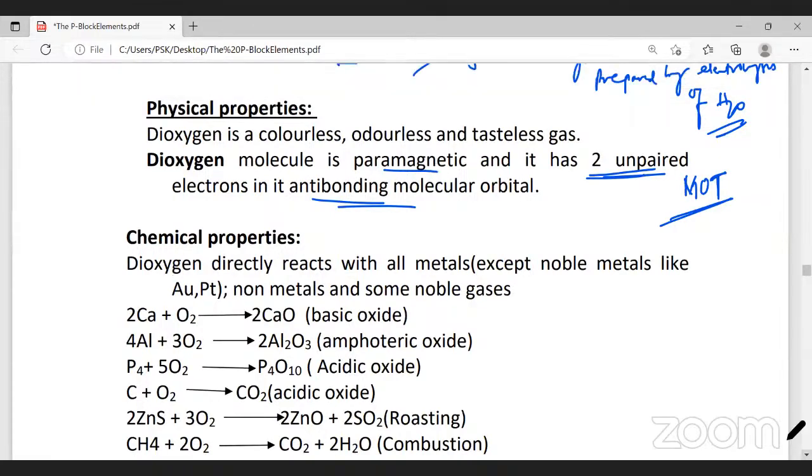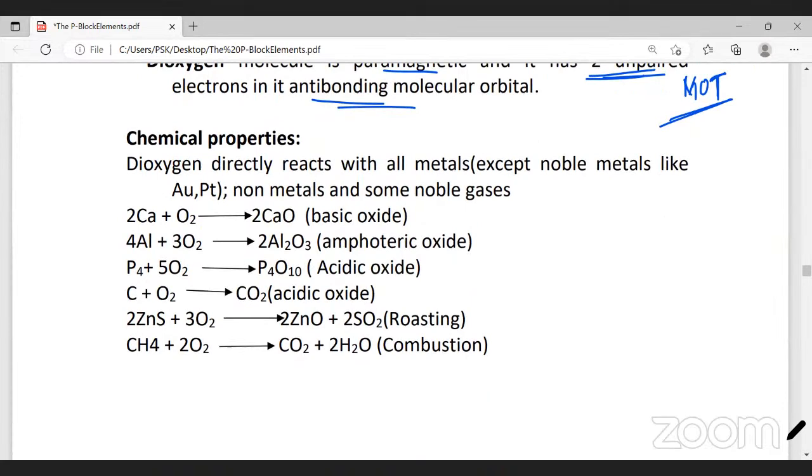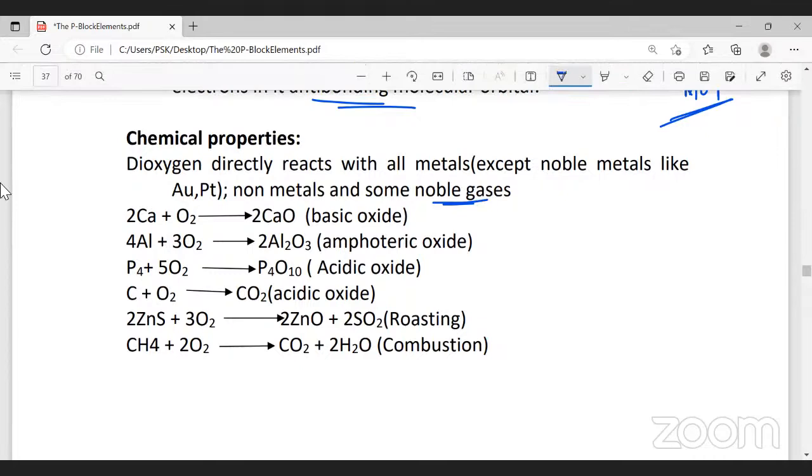Dioxygen directly reacts with all metals except gold, platinum, and silver, and with some non-metals and some noble gases, because oxygen is more reactive. With metals like calcium, sodium, magnesium, and aluminium, it forms their respective oxides.